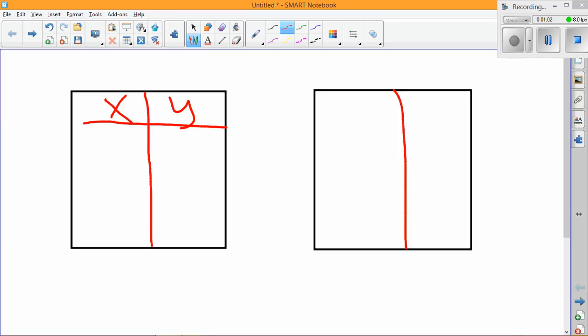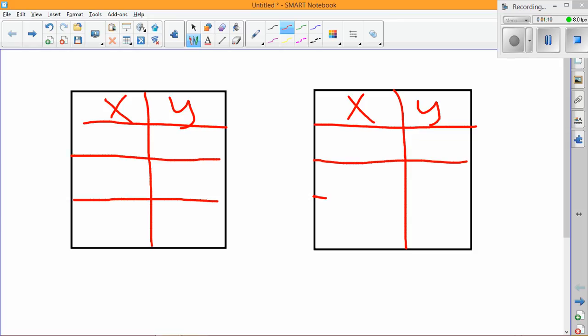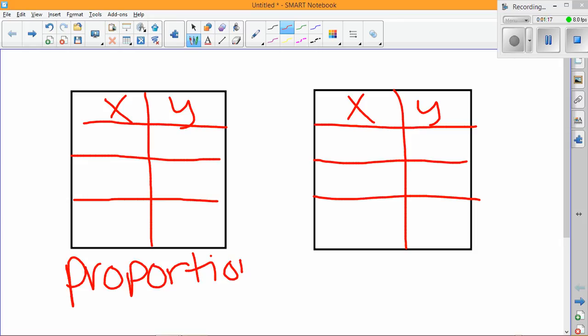It doesn't matter what situation we have, but I'm going to call the left one X and the right one Y. They are proportional if there's a constant that we can multiply by X to give us Y.